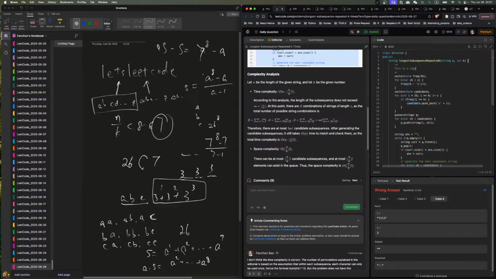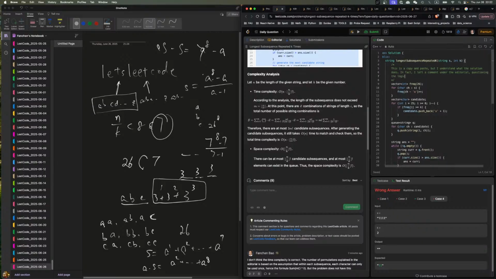This is a copy and paste, but I understand what the solution does. In fact, I left a comment under the editorial questioning the logic, questioning the time complexity of the total number of permutations.